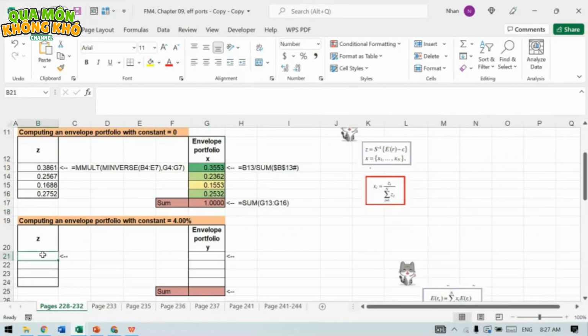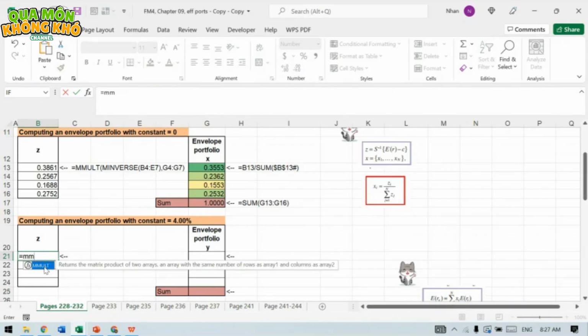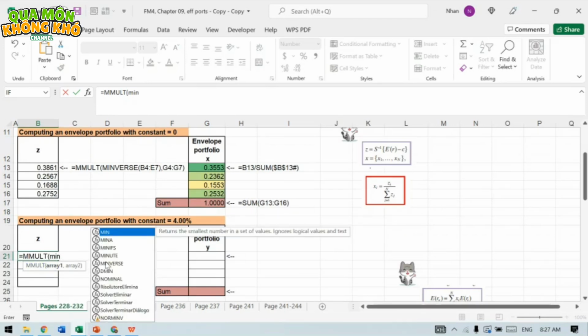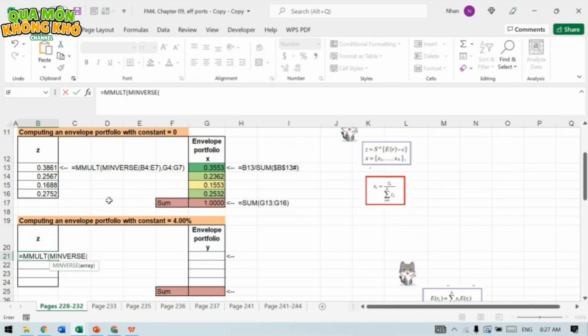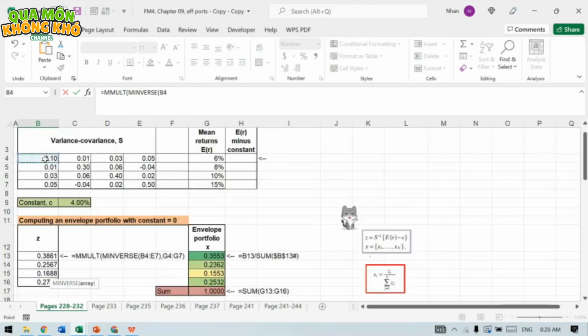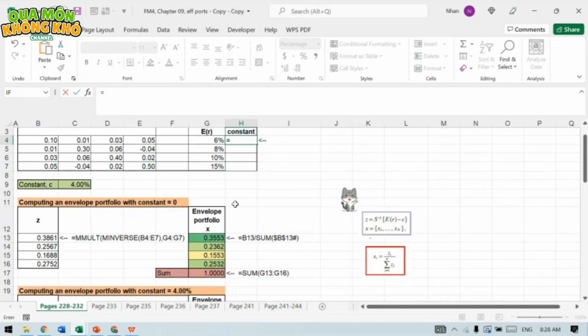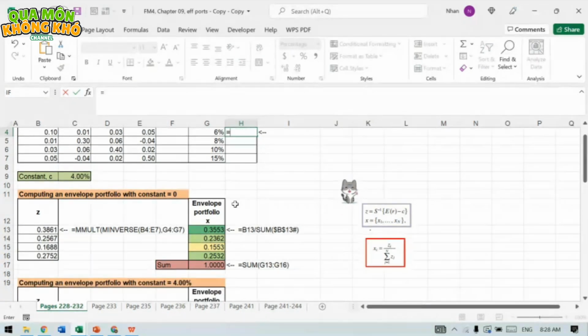So I also first find the vector Y, applying the same function like I did before. I think first I need to calculate the expected return minus the constant, to make it easier for you to see.